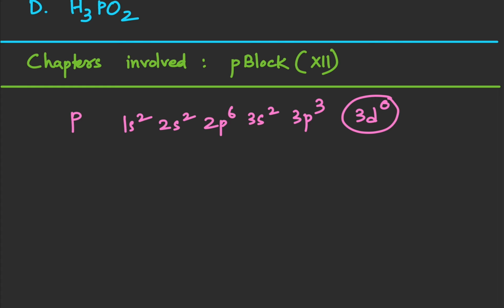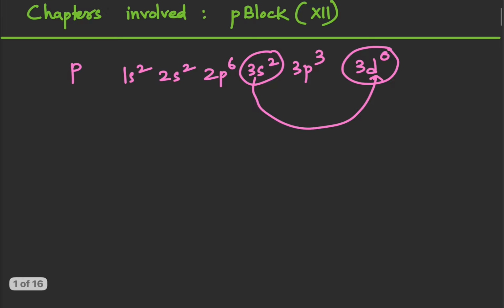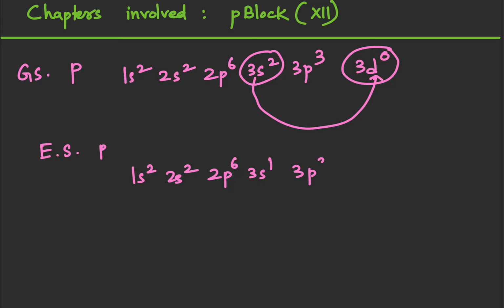So one electron from 3s2 can jump to 3d orbitals, resulting in a configuration in the excited state. In the excited state, phosphorus will look something like this: 1s2, 2s2, 2p6, 3s1, 3p3 and 3d1, right?